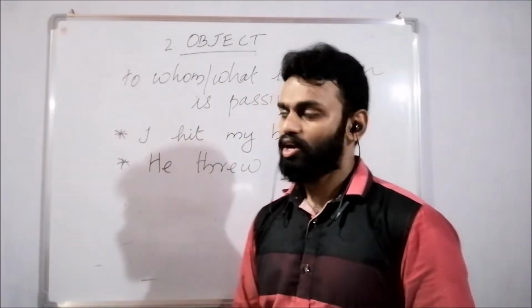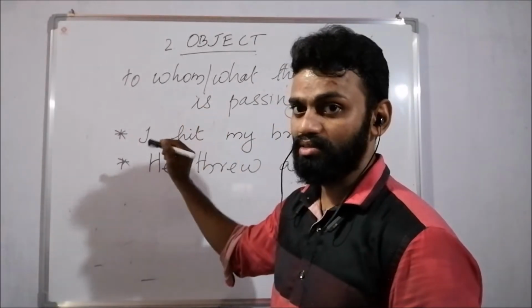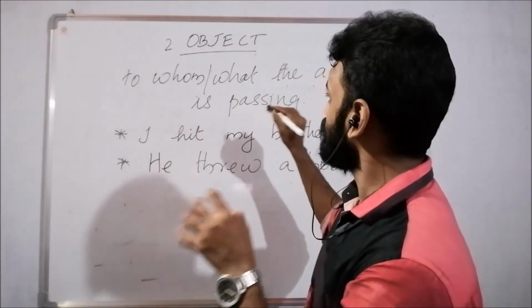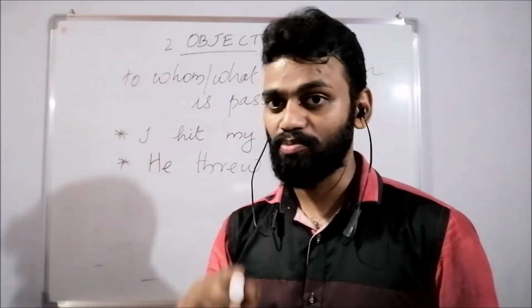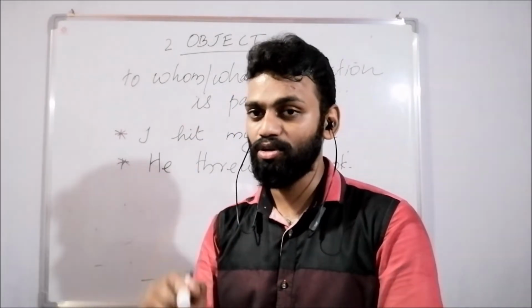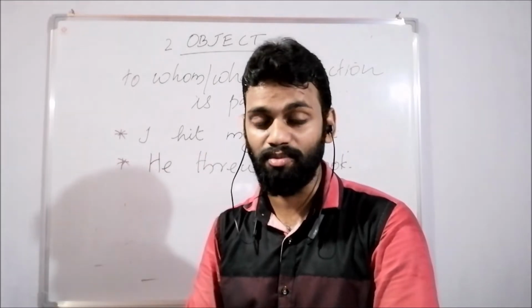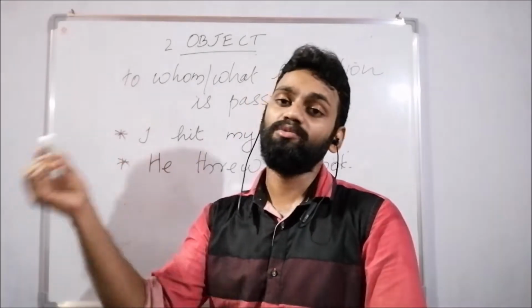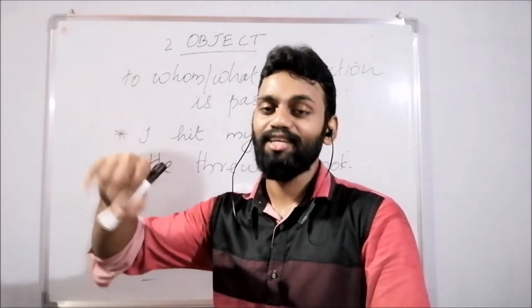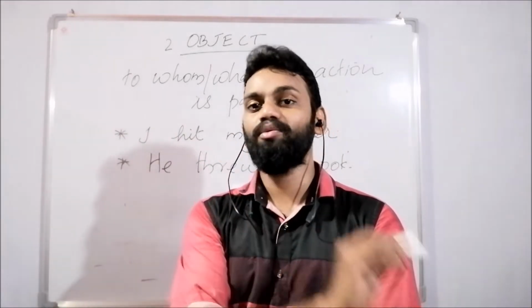What's the object? Object is the person or the thing to whom or what the action is passing. If you listen to the previous point on verbs, I told you what transitive verbs are. Transitive verbs are those actions which pass from the subject to another thing or person.